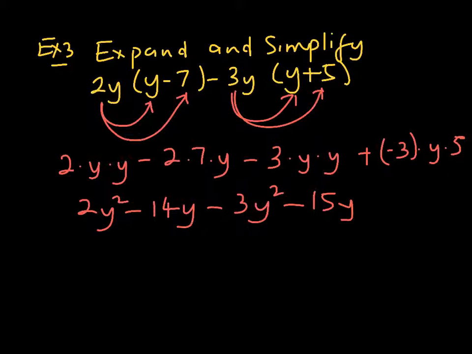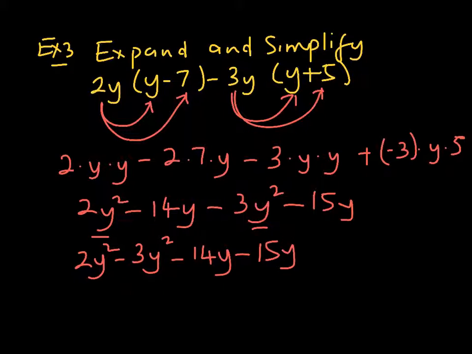Okay, so we can collect like terms. y squared and y squared are the same, so 2y squared minus 3y squared, then minus 14y minus 15y. Okay, so 2y squared minus 3y squared gives us a value of negative y squared.